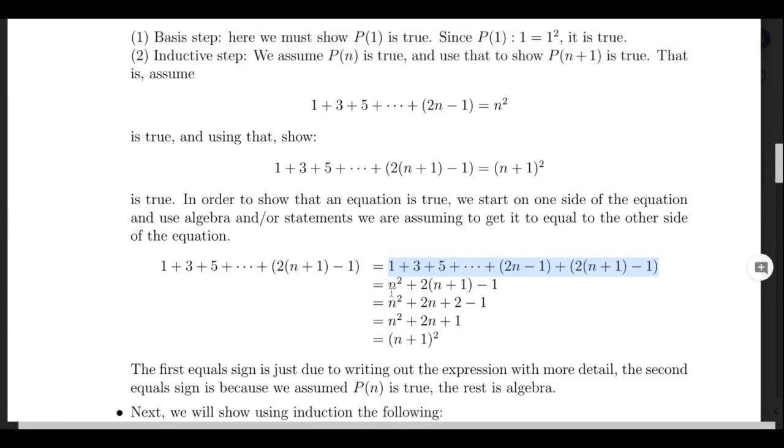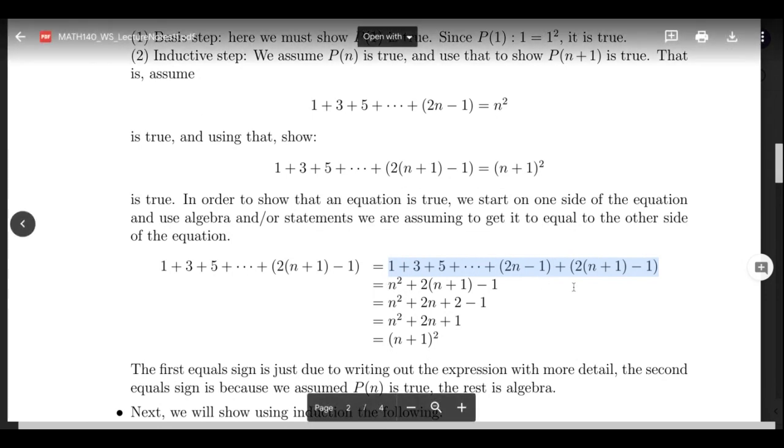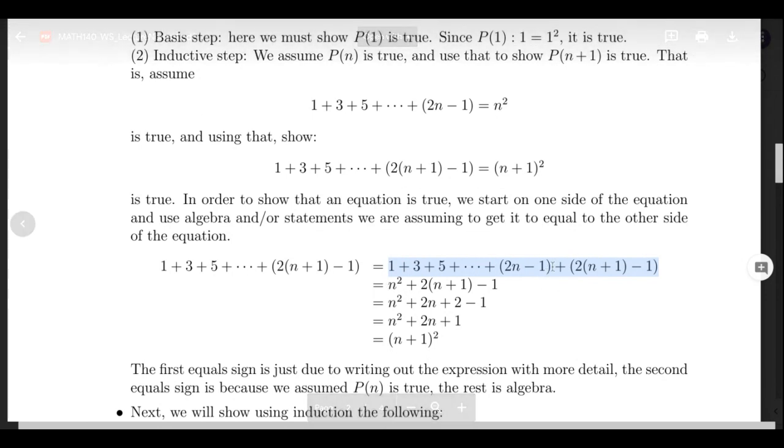And that can be written as, remember, 1 plus 3 plus 5 up to 2n minus 1 is P of n, right? So P of n equals n squared. So we rewrite this as n squared.